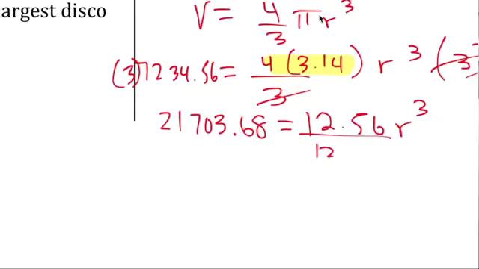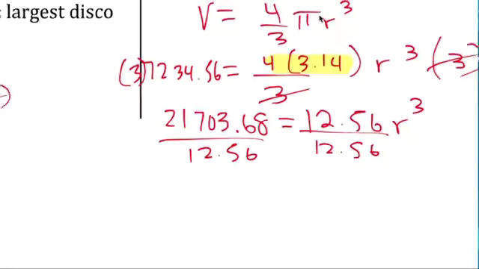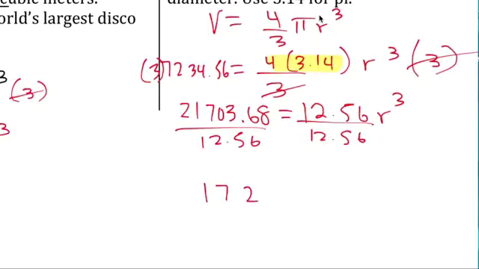Divide by 12.56. We get 1728 is r cubed. Now find the cube root of that.